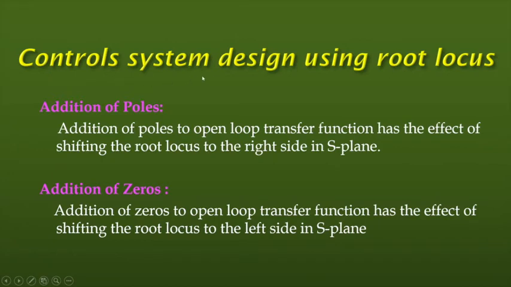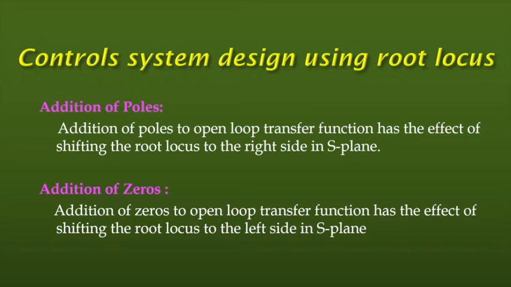Control system design using root locus. Now let us discuss the control system design method using root locus techniques. It is necessary to modify the control system to satisfy the required specification by modifying its dynamic characteristics.